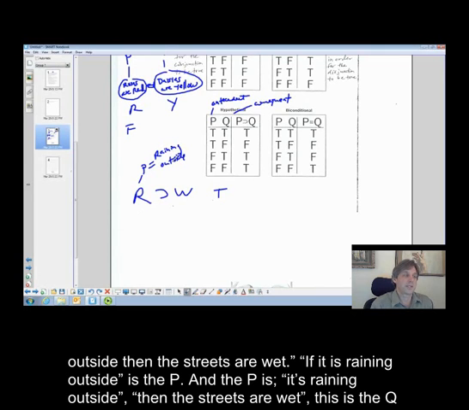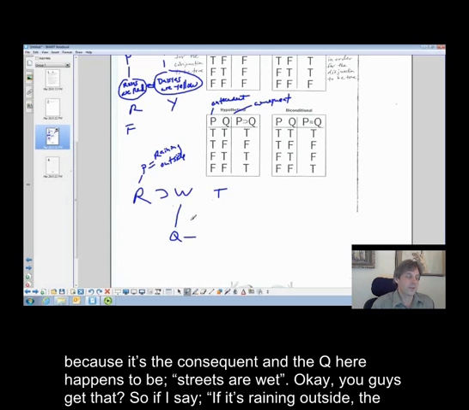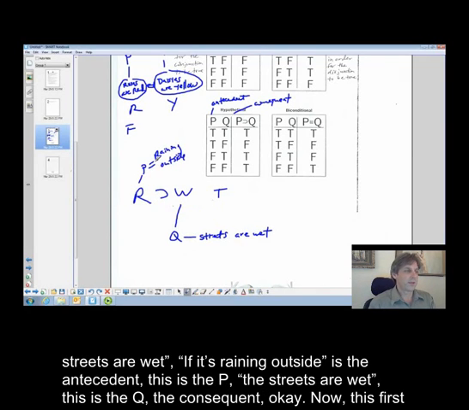Then the streets are wet, this is the Q because it's the consequent, and the Q here happens to be streets are wet, right? Okay, you guys get that? So if I say if it's raining outside, the streets are wet, it's raining outside is the antecedent, this is the P. The streets are wet, this is the Q, the consequent.